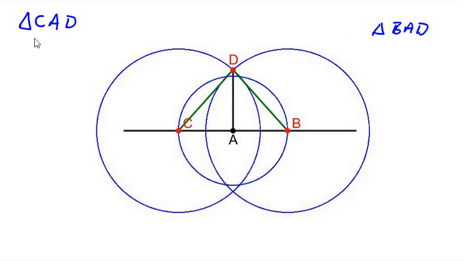Now the length of the line segment CD is equal to the length of the line segment BD. And we know these are the same because they are radius lines of 2 circles which have the same radius.